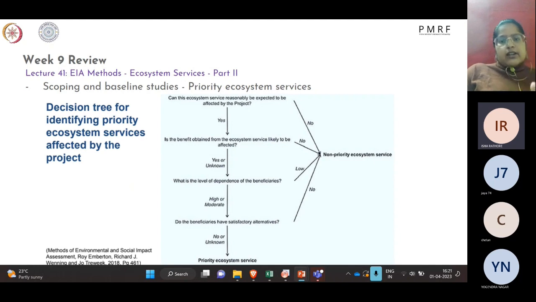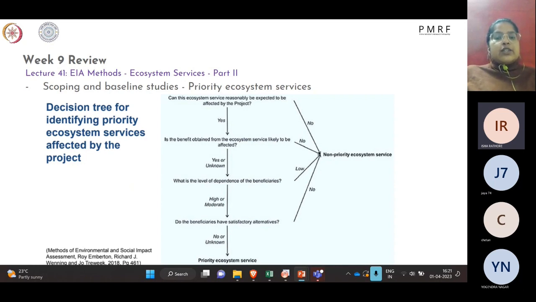And then you have the priority ecosystem services. You can look at the decision tree where you identify priority ecosystem services and how they are affected by the project. You can ask questions like, can this ecosystem service reasonably be expected to be affected by the project? If the answer is no, then it's a non-priority ecosystem service. If the answer is yes, then you look at whether the benefit obtained from this ecosystem service is likely to be affected.